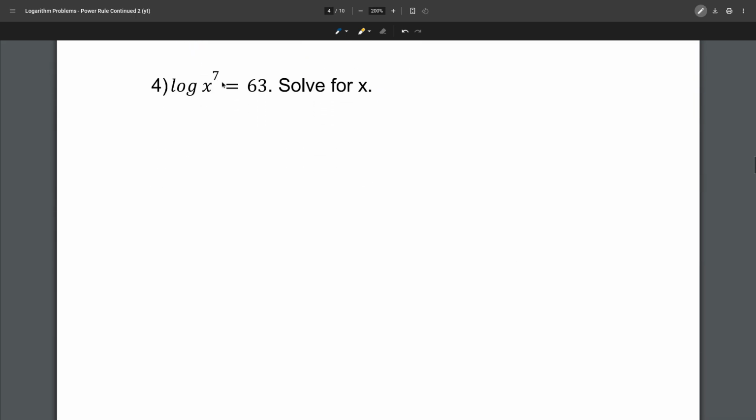So we have the log of x to the 7th power equals 63. I'm going to rewrite this as 7 times the log of x, which still equals 63. I'm going to divide both sides by 7.